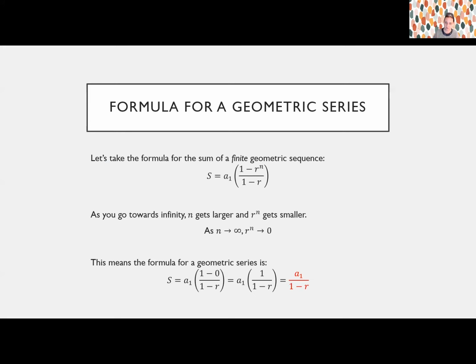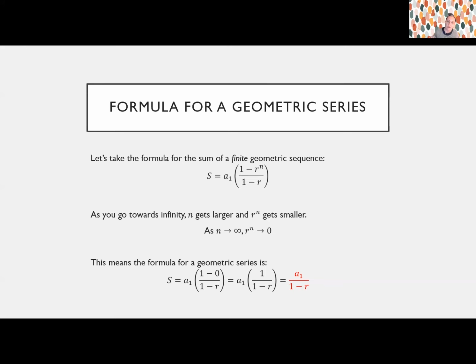So for an infinite series, or for a geometric series here, you're going on to infinity. So your N, which is the number of terms, just keeps getting bigger and bigger. We can't really plug in infinity. That's not a thing that you do.